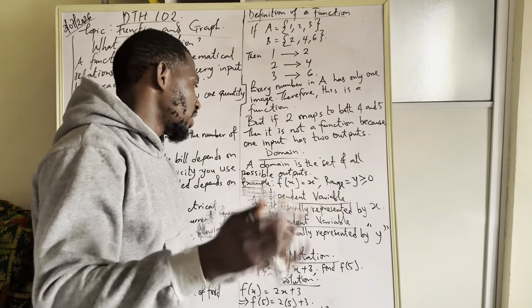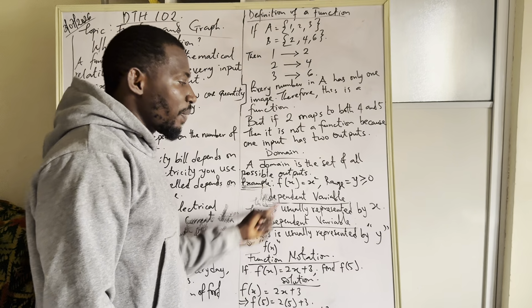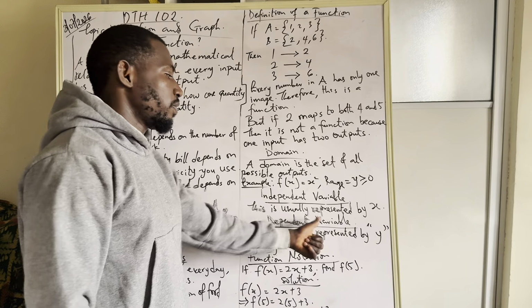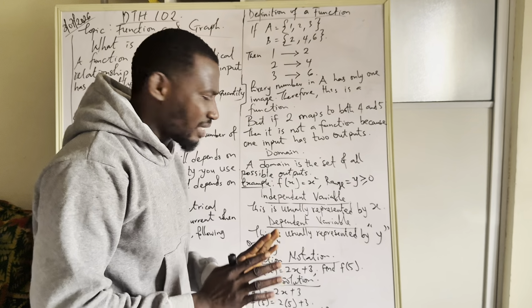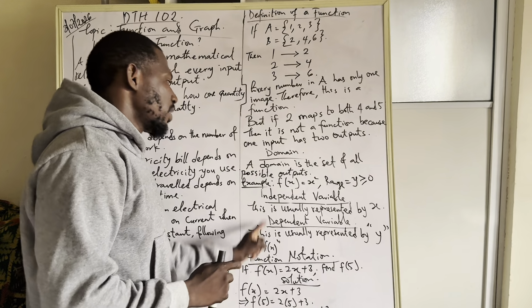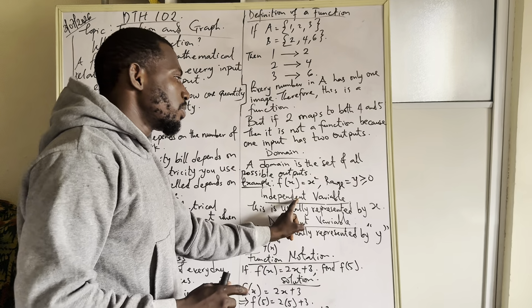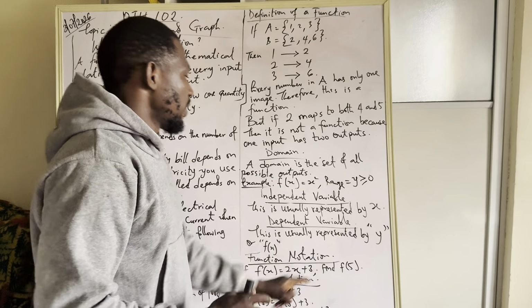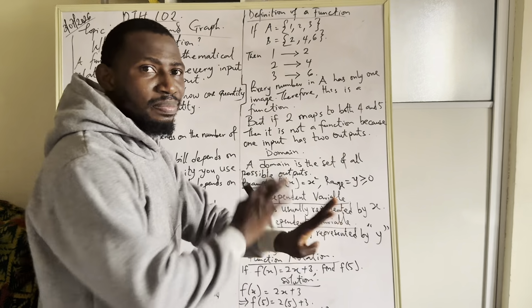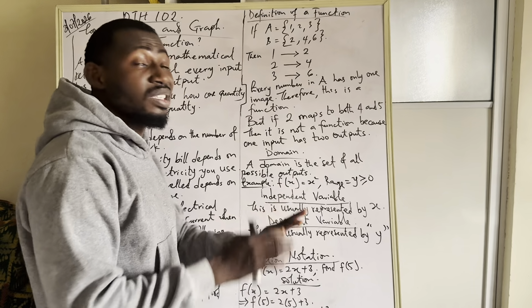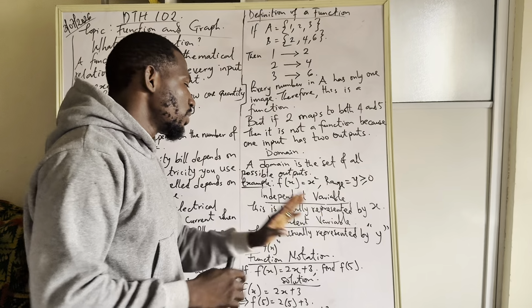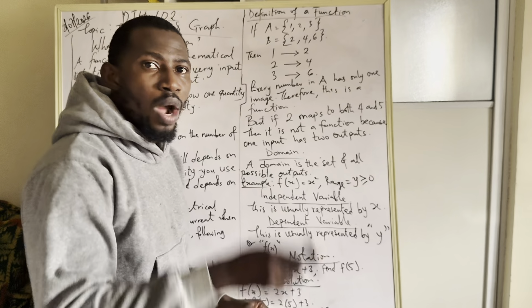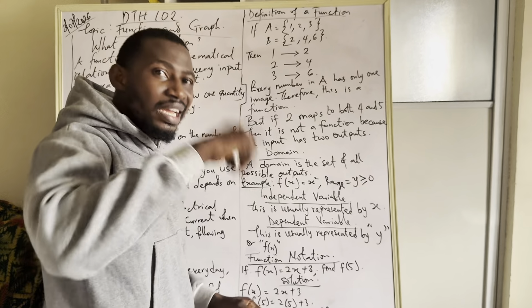Now we have the independent variable and the dependent variable. Normally in mathematics, our independent variable is usually represented by x, and our dependent variable is usually represented by y. y is always dependent on the value of x.